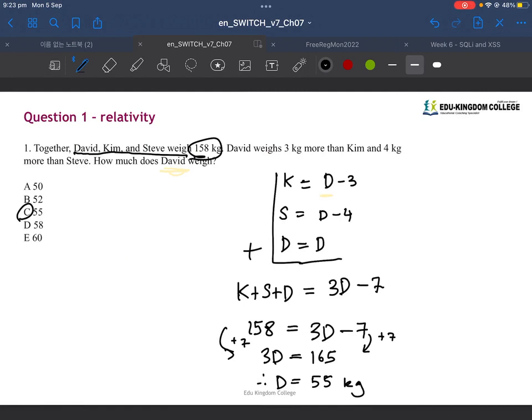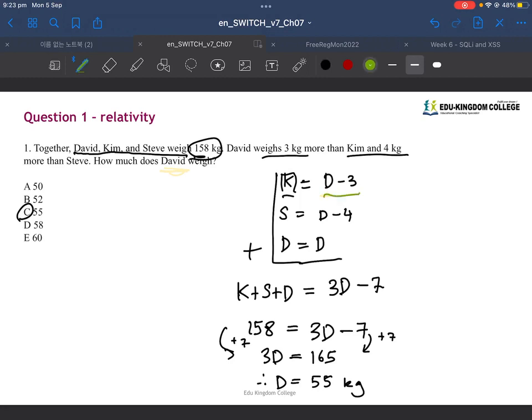If we have information that is relative to one another, that is, David weighs 3 kilograms more than Kim, as in we don't know the actual number of David's weight or Kim's weight or Steve's weight, it's all relative to each other, then we actually define our terms or pronumerals in terms of what we're trying to look for.